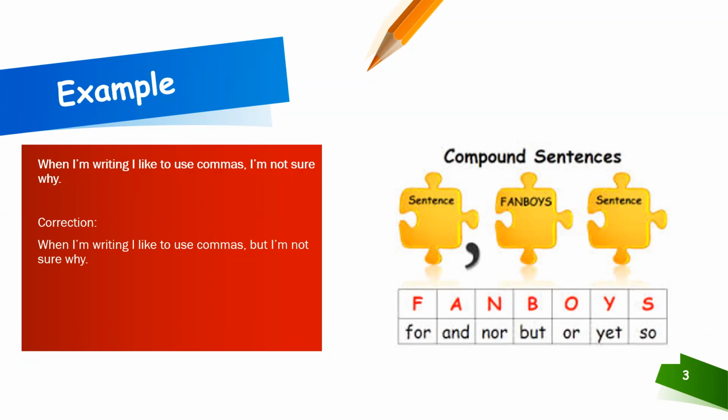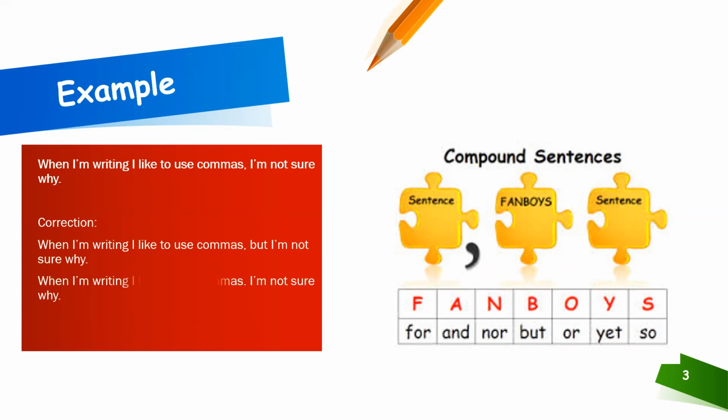FANBOYS is an acronym, and the words you can use after a comma to connect the sentences are for, and, nor, but, or, yet, so. You can use whichever one of those words is most appropriate to follow the comma. So the correction is, when I'm writing, I like to use commas, but I'm not sure why. It's such a small change, but it makes the sentence grammatically correct.